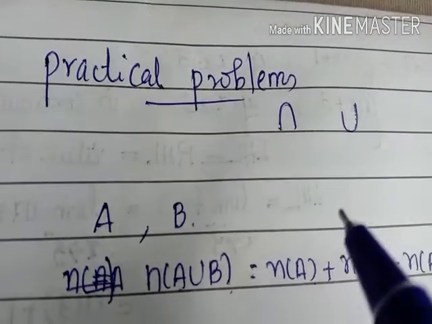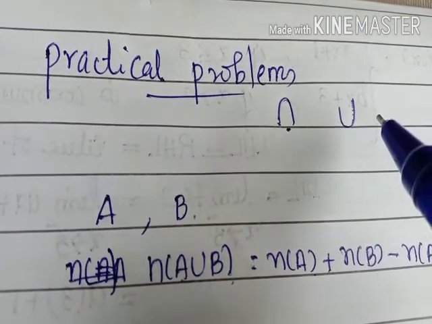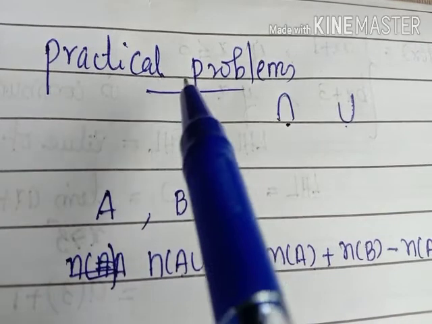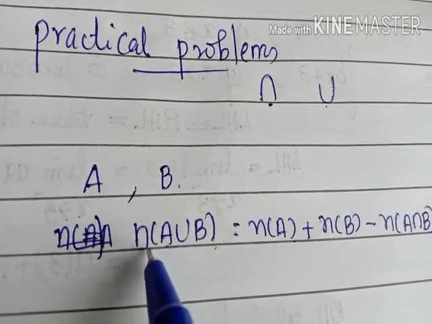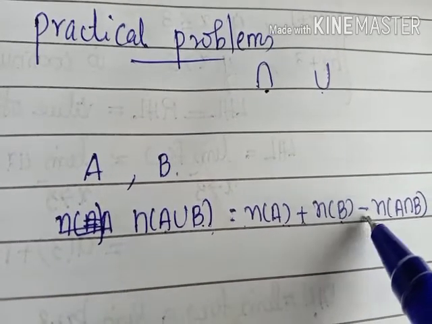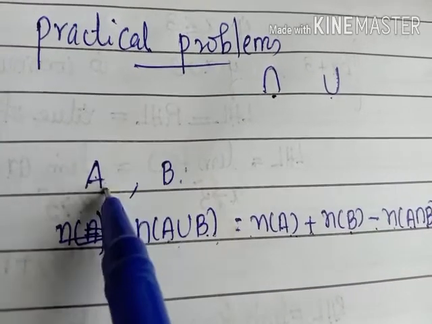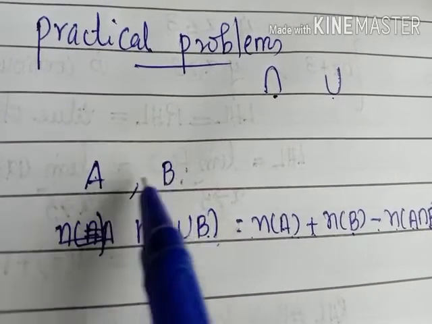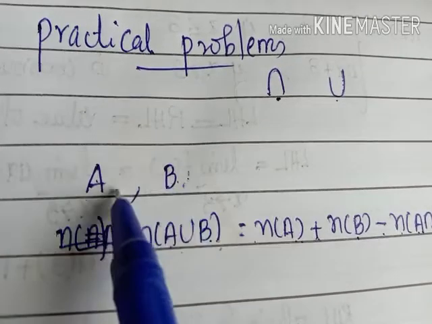Now let's see some practical problems on the operations intersection and union. Before discussing the problems, there is a theorem: n of A union B equals n of A plus n of B minus n of A intersection B, for any two finite sets A and B. A finite set means the number of elements in the set is finite, countable.